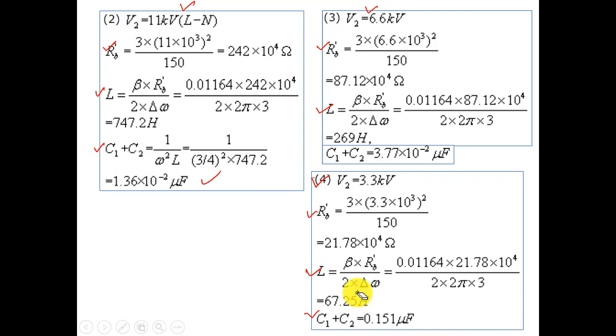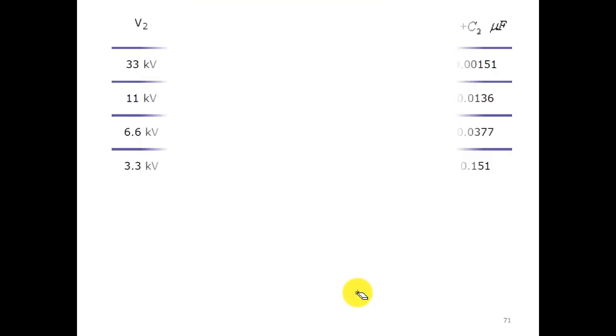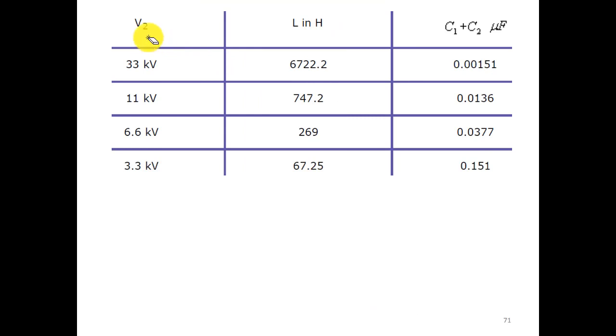So now we have calculated the values of L and C1 plus C2 for all the four choices, and now we'll summarize them. This is the voltage level, four choices given, and the calculated values of L and C1 plus C2 in Henry and microfarad are tabulated here.